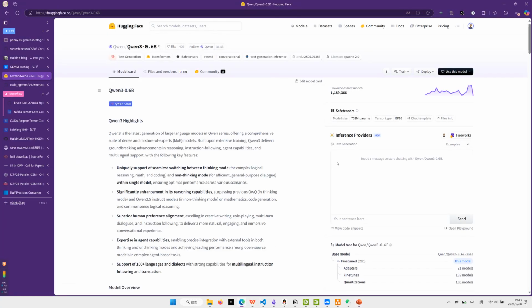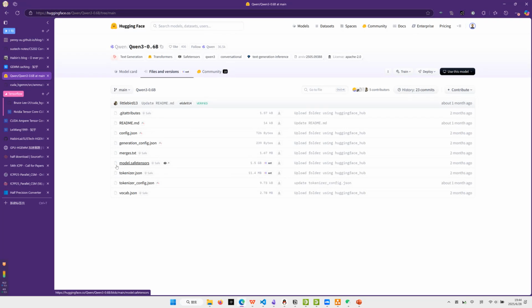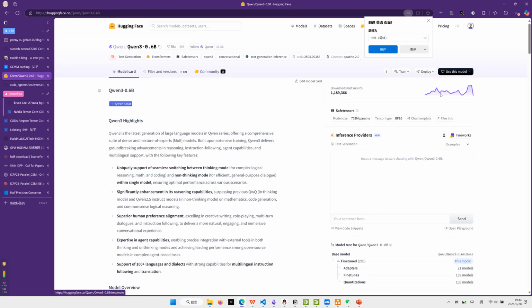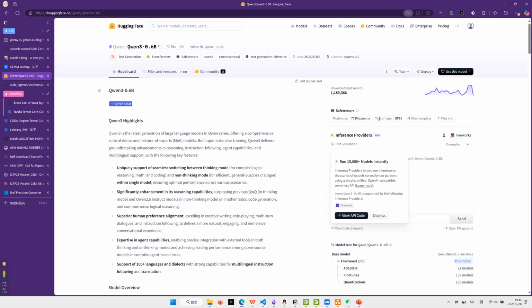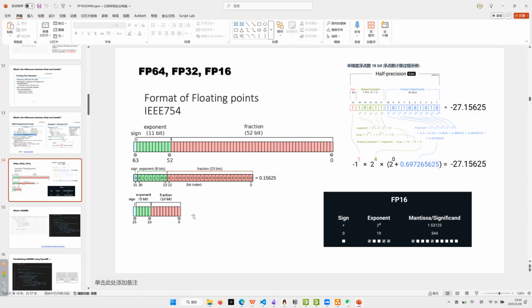So that is 2 bytes per parameter. That is 2 times 0.6 billion, which is 1.2 gigabytes. Let's see what happens. Model safetensors, 1.5 gigabytes. As you can see, they are all Qwen 3, but since they store using different tensor types, you can reduce most of the memory.